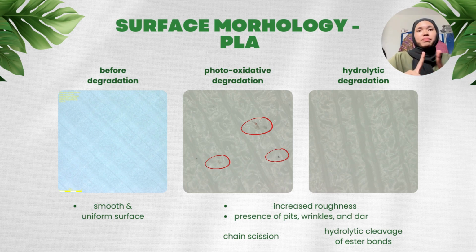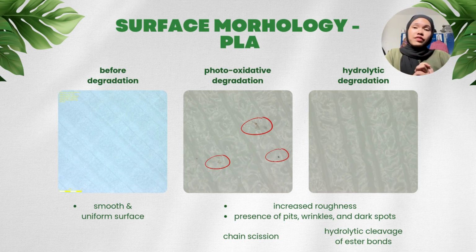Before degradation, PLA appears very smooth, uniform and homogeneous, with no visible cracks or defects. This indicates an intact polymer structure. After 45 days of photooxidative and hydrolytic degradations, significant surface changes are observed.